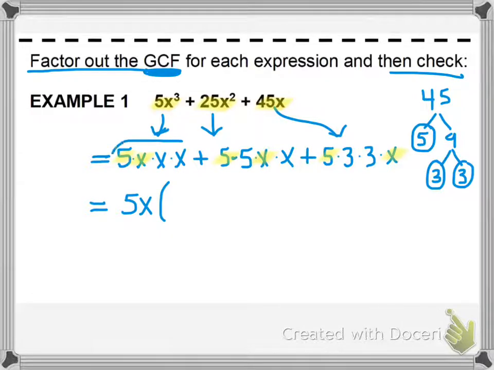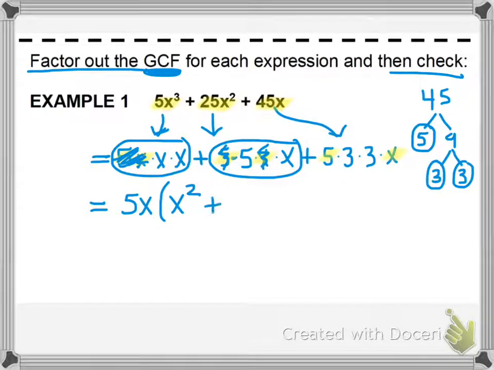So for this first term, I pulled out the 5 and the x, so I'm left with x times x, which is x squared. For the second term, I pulled out a 5 and an x, so what's left is plus 5 times x. And then in my last term, I pulled out a 5 and an x, so what's left is 3 times 3, which is 9.